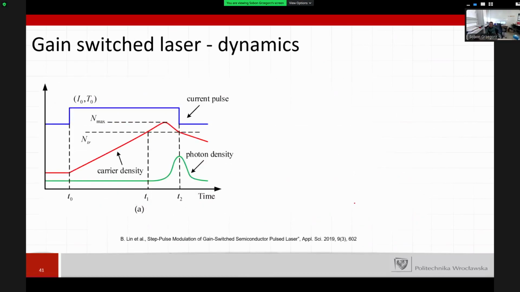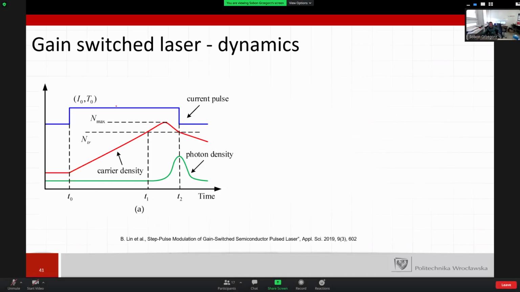So the transient dynamics of this kind of device is shown here. This is an example of a semiconductor laser, but this applies to other lasers as well.